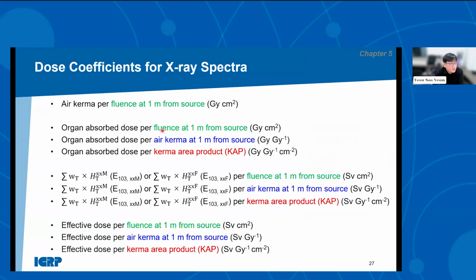In addition to the fluence at 1 meter from the source, as in the monoenergetic dose coefficients, here we also consider two measurable quantities, the air kerma and the kerma area product.